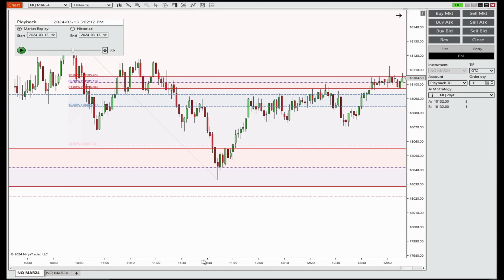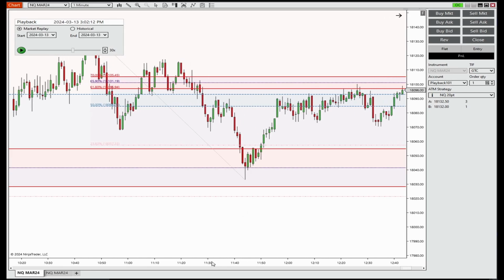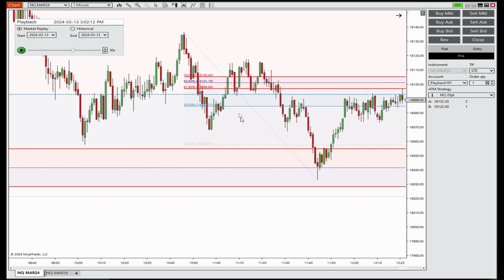What I'm looking for in these areas basically is the 1 minute, where you can be a little bit more aggressive. When you've seen this happen, now you're looking for the retracement back into it. First off, we have our objective.